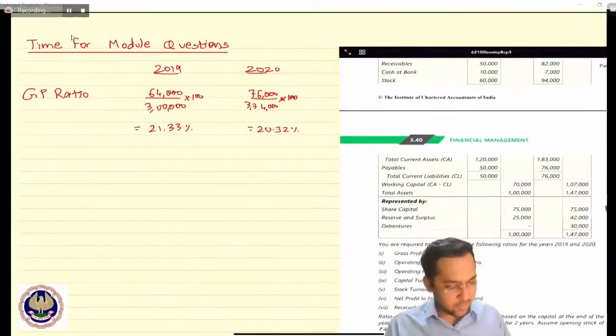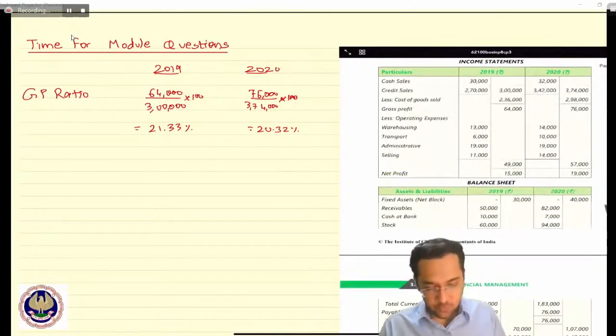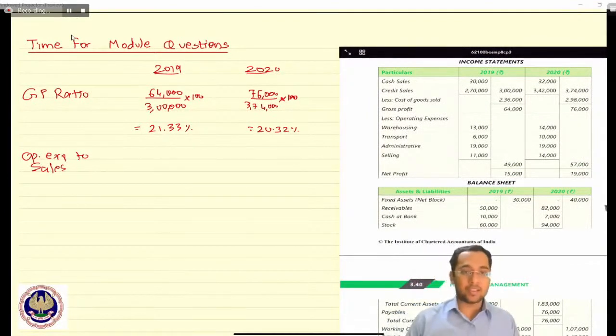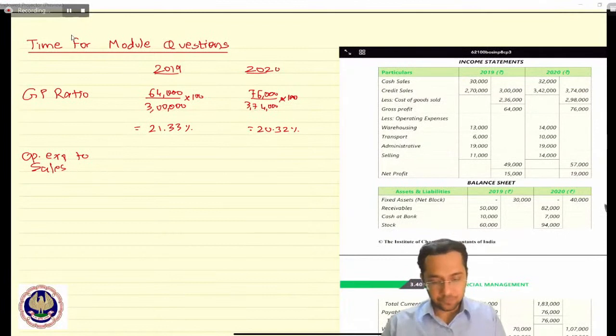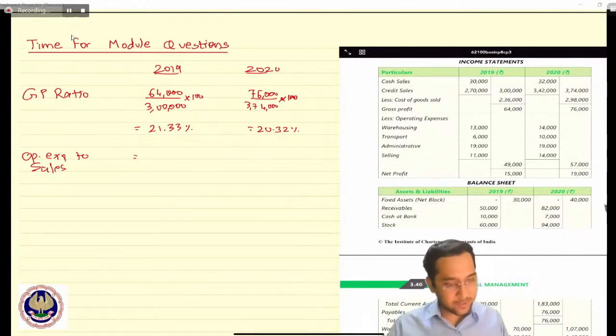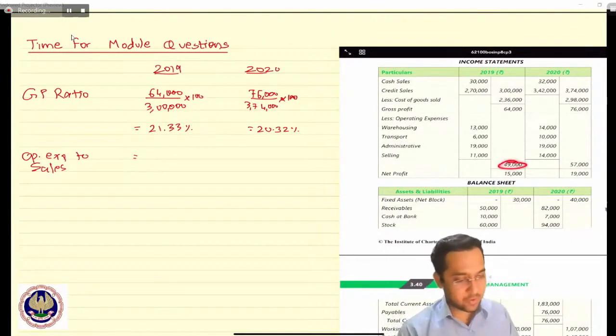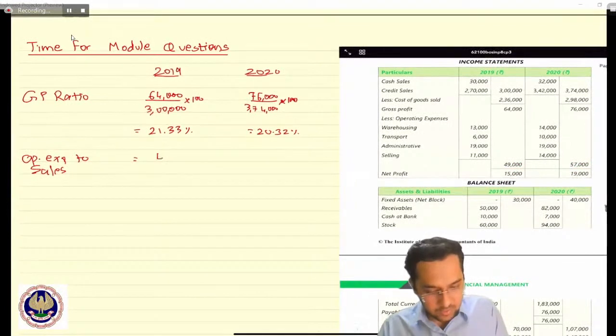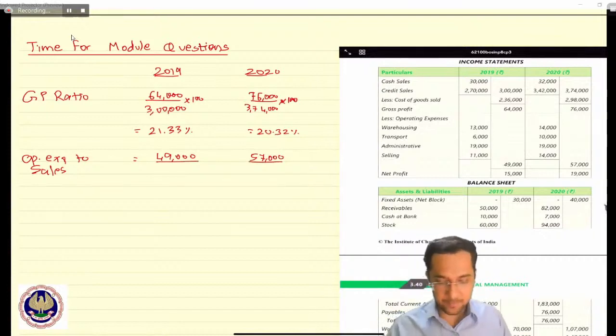Post GP ratio, we have operating expenses to sales ratio. So operating expense to sales. We already have the operating expense figure over here, 49,000 and 57,000, divided by the sales value.